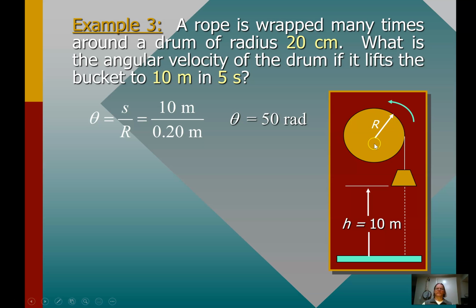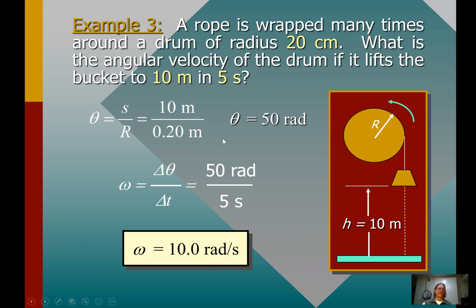So now it's just 50 radians per 5 seconds. It's 10. You're done. So it doesn't matter which way you do it. One's not really harder than the other. Okay, there's a lot of ways to do the same thing. So the angular speed of this thing is 10 radians per second. So in one second, it's gone through 10 radians, or more than one turn. Okay, more than one turn. Because remember, in one turn, it's 6.28 or 2 pi radians.